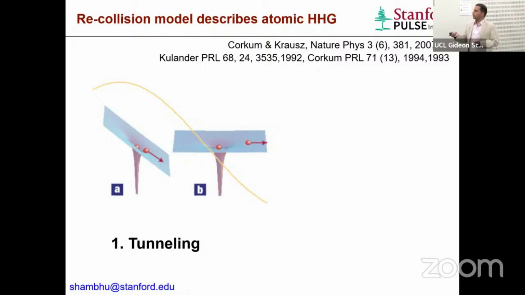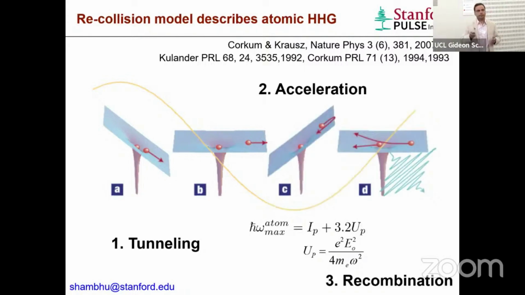In the first step, this is the tunneling step right here. This is the Coulomb barrier that has been suppressed significantly by this laser field, and therefore the electron can tunnel out through this already suppressed barrier. This electron gets into the vacuum, and essentially when the electric field turns around, the electron also has to turn around and come back, right?